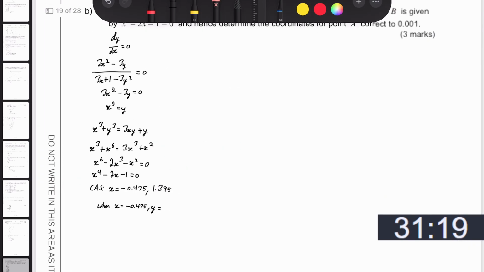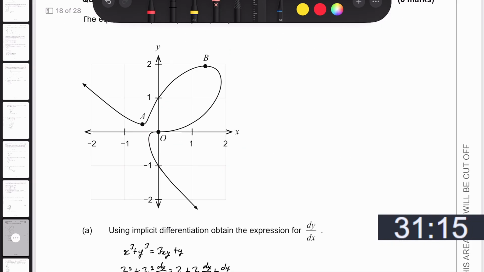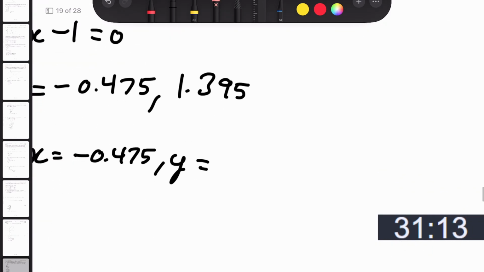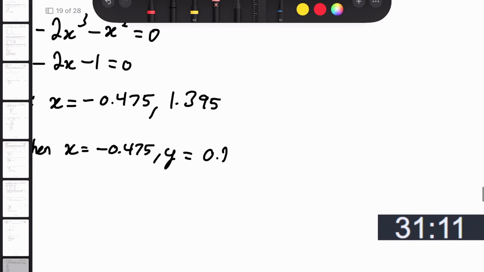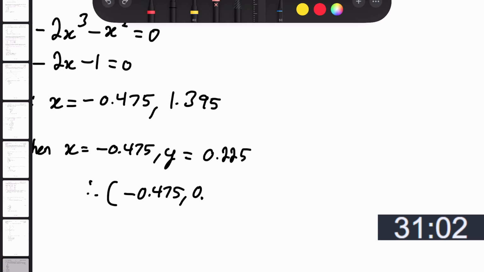So y is equal to 0.22, is that what it looks like? So negative, yeah, I think that's what it should be. So negative 0.225, therefore we're going to have negative 0.475, 0.225.